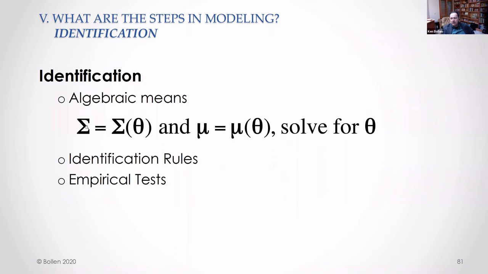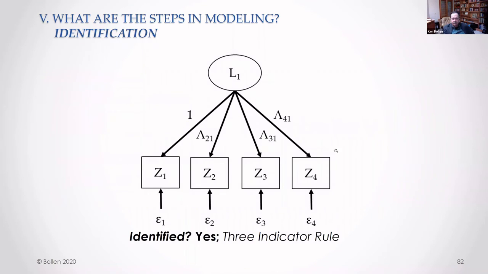Solving those equations can be quite messy if you have a decent sized model. More practical are identification rules. These are worked out rules that are easier to apply that sometimes can tell us whether our model is under-identified or identified. And finally, there are empirical tests that give us indirect evidence on identification of the model.